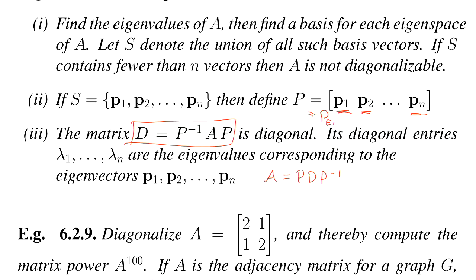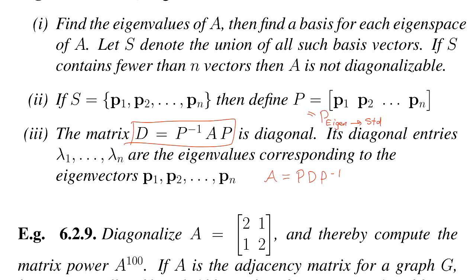This is P from the eigenbasis to the standard basis. So that, I think, is the most useful way of interpreting what this P thing is. It's the change of basis matrix from your eigenbasis to your standard basis.